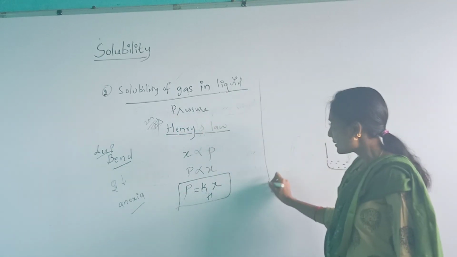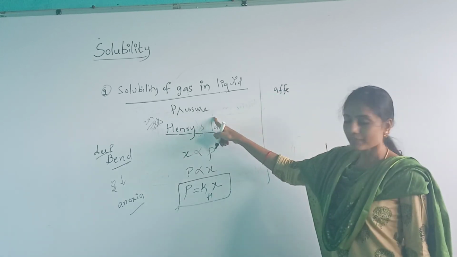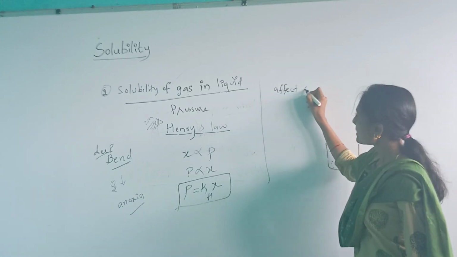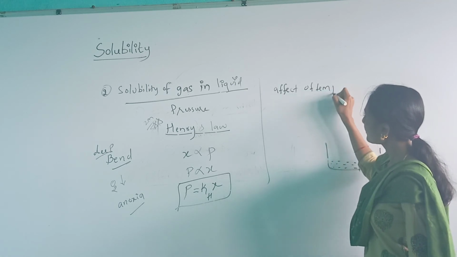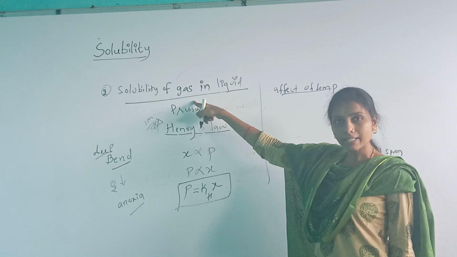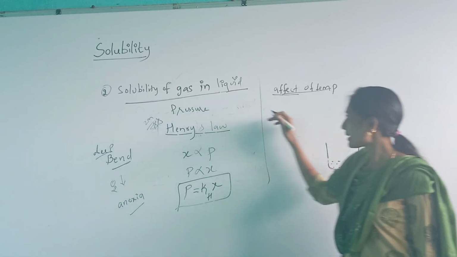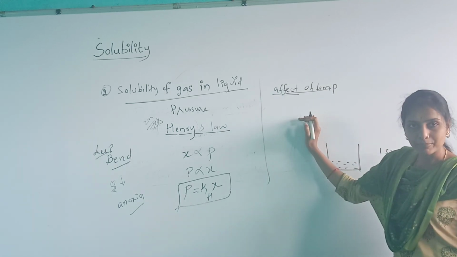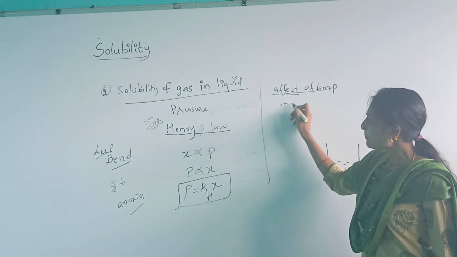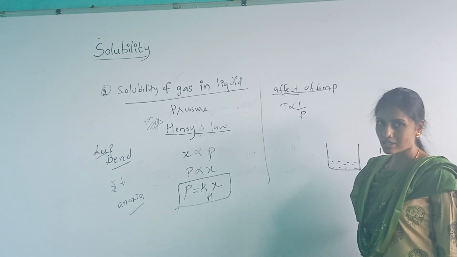This was about the effect of pressure. Now, what is the effect of temperature when a gas is dissolved in liquid? What is happening to the solubility of a gas in liquid when I am varying the temperature? We know that temperature and pressure, both of them are inversely proportional to each other.